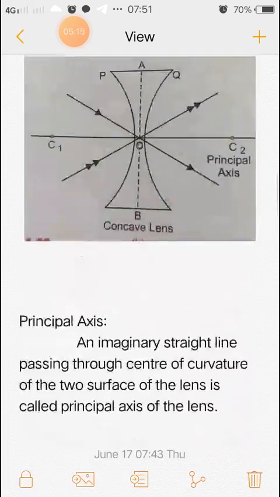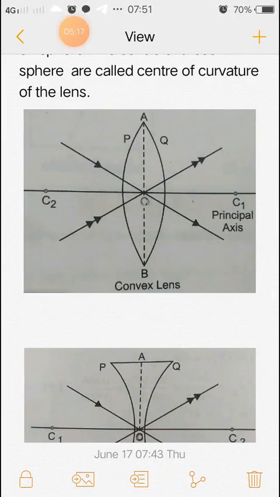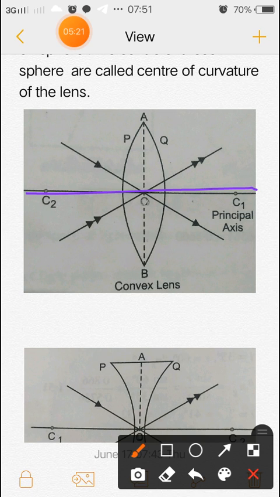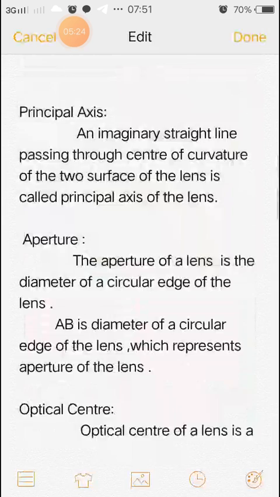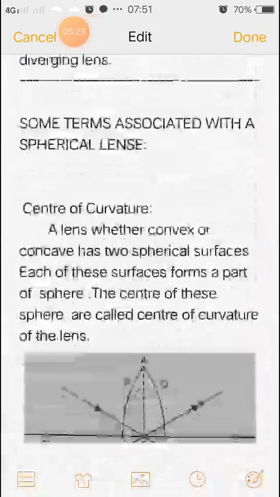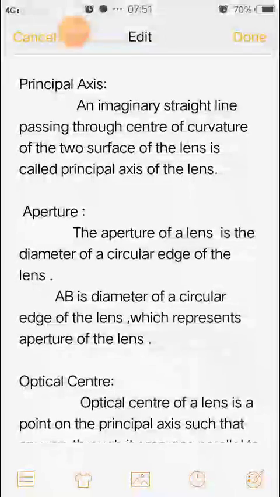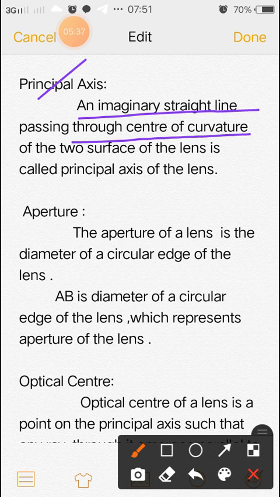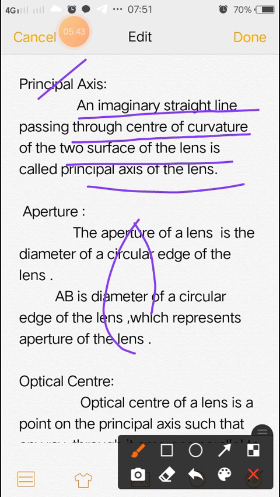Now the principal axis. This line is called the principal axis. The definition of principal axis: an imaginary straight line passing through the centers of curvature of the two surfaces of a lens is called the principal axis of the lens.